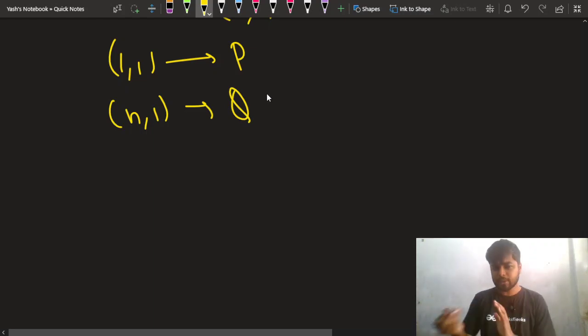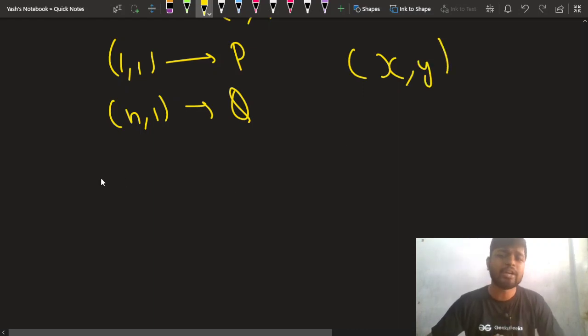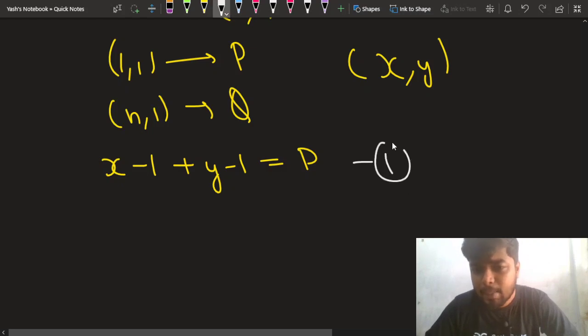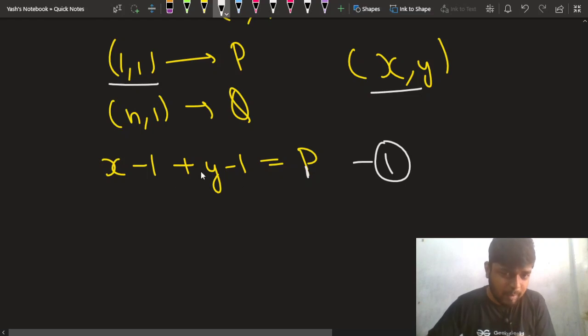How do you determine which cell you will be at? What is this actual cell? The actual cell is x comma y, and how do you determine the distance? The distance will be x minus 1 plus y minus 1 equal to p. This will be the first equation, because you know the distance from the cell x comma y to 1 comma 1 is p.